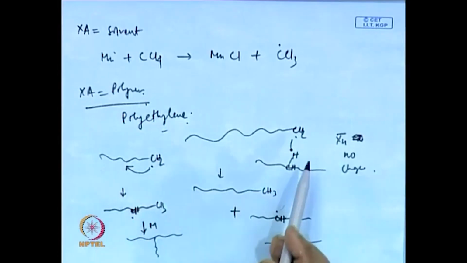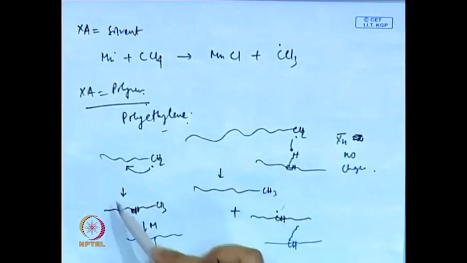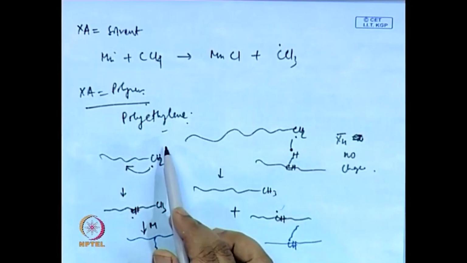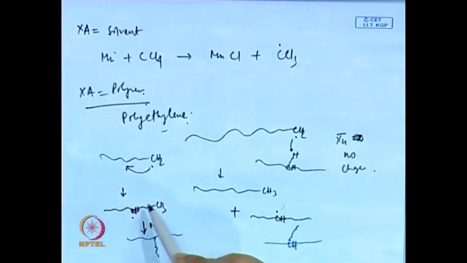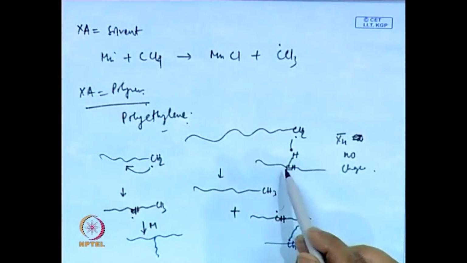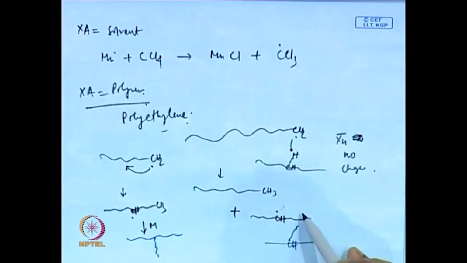So, the number of chains in this case does not change. This is a special case of chain transfer, where the molecular weight does not change, but it results in branching of the linear polymers.